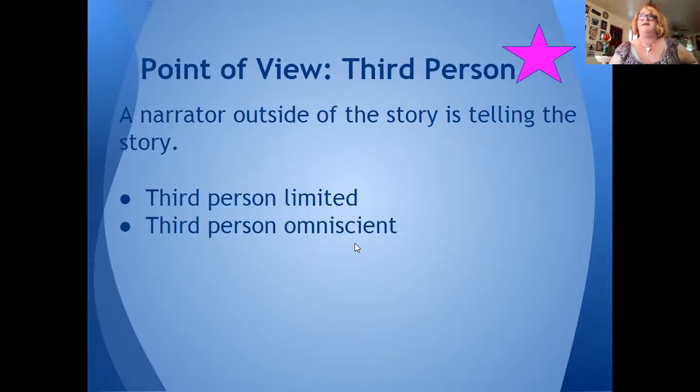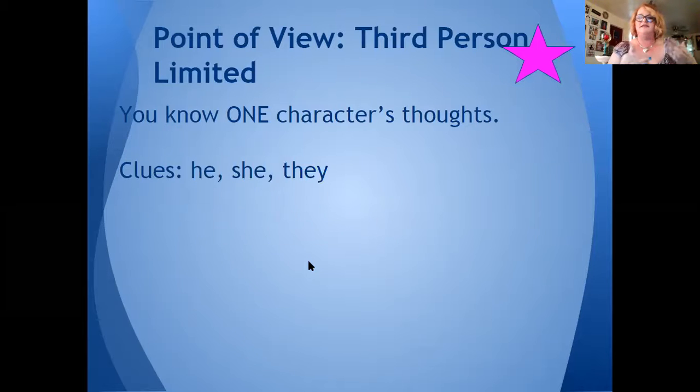Third person is like somebody's looking over and telling the story. Like God is telling the story. Okay? And then there's third person limited and then there's third person omniscient. And we're going to talk about those. Okay, so limited, they can only see like one person's thoughts and the one character.